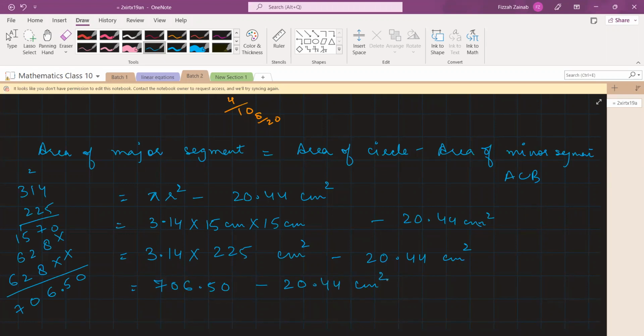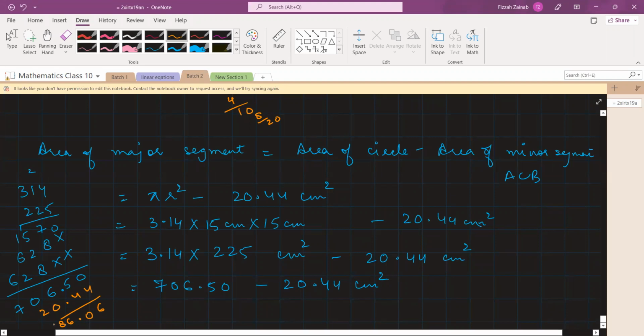So I'm getting 706.50 here, right? Okay, now you can subtract. So minus 20.44. 10 minus 4, 6. 4 minus 4, 0. Then you have 6. And then 10 minus 2 will be 8. And then you have 6. So 686.06.